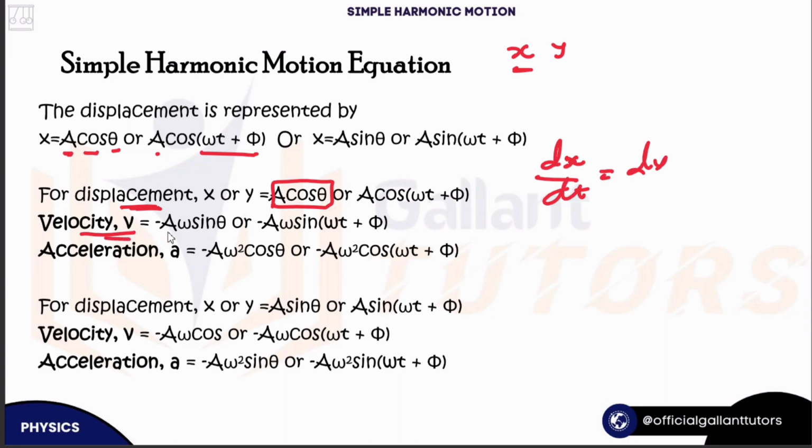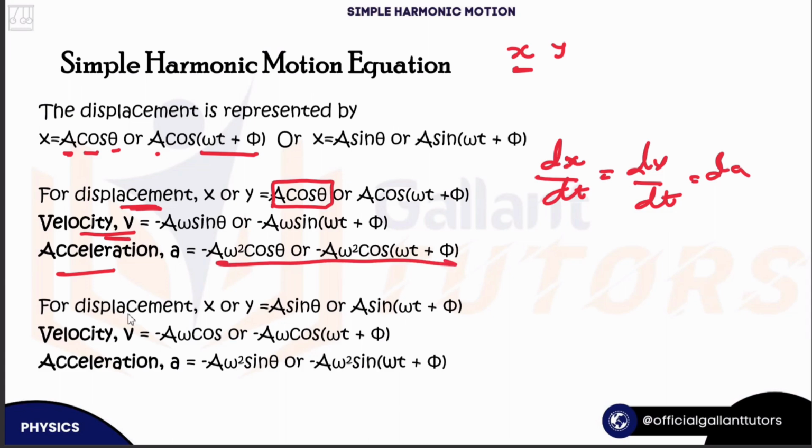By differentiating, we have minus A omega sine theta, or minus A angular frequency sine of the instantaneous phase. By differentiating further, we have a, the acceleration. Acceleration is equal to minus amplitude omega squared cos theta.